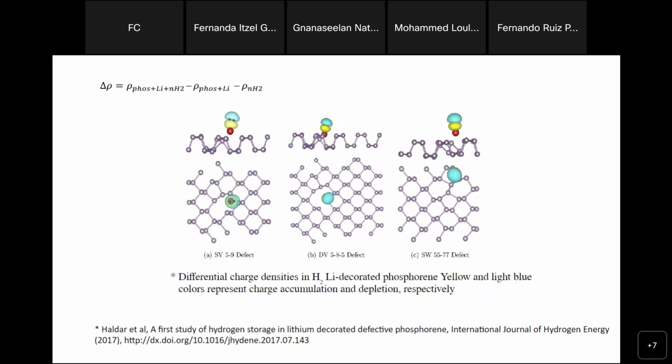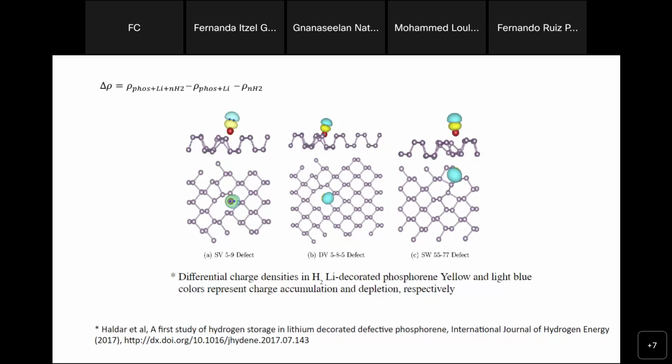In the representation of such differential charge densities, the lithium atoms are represented by the red color, and the dark blue colors represent the hydrogen molecules, while the yellow color represents the accumulation of charge, and the light blue color represents the depletion of charge.